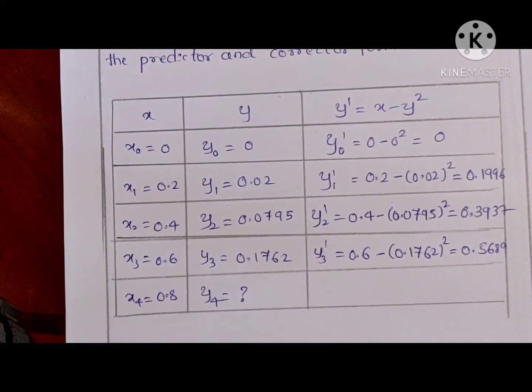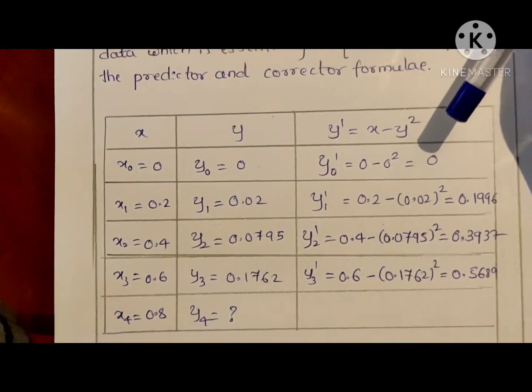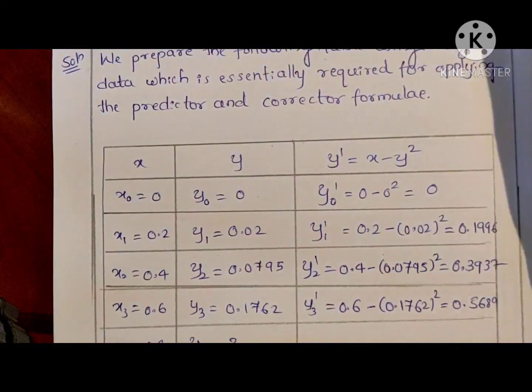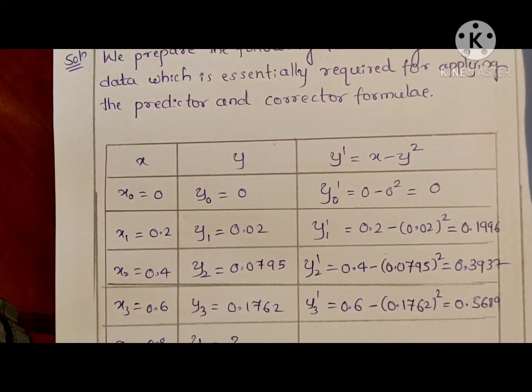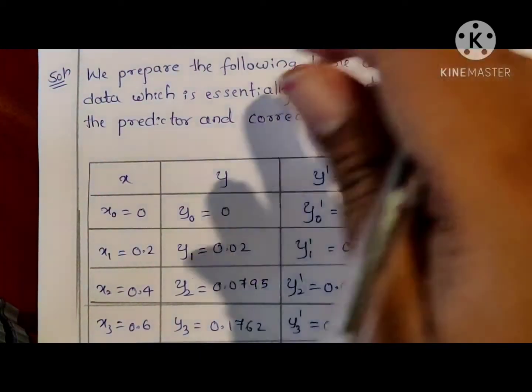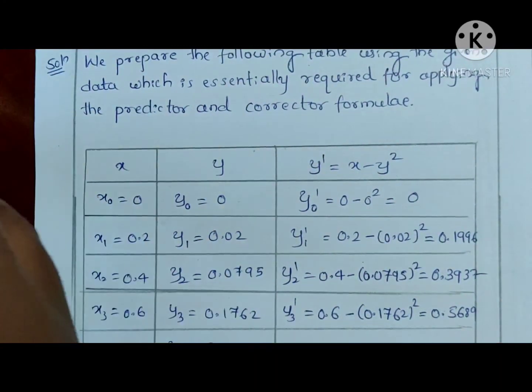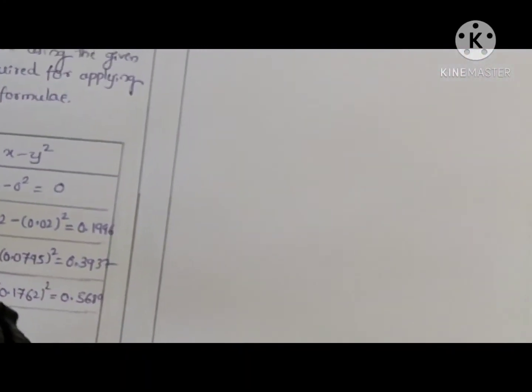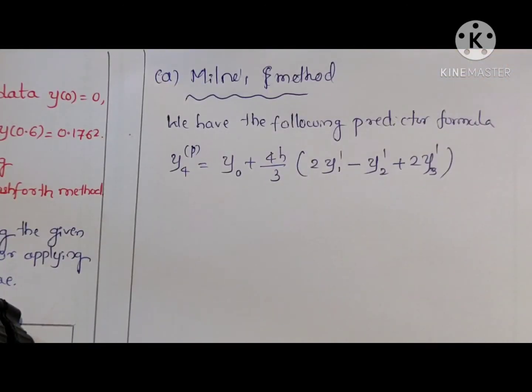Now once the table is prepared, it's final. Now you can use Milne's method and Adams-Bashforth method separately. Directly just write down the formulas and go on substituting the values. So by Milne's method, we have the following.